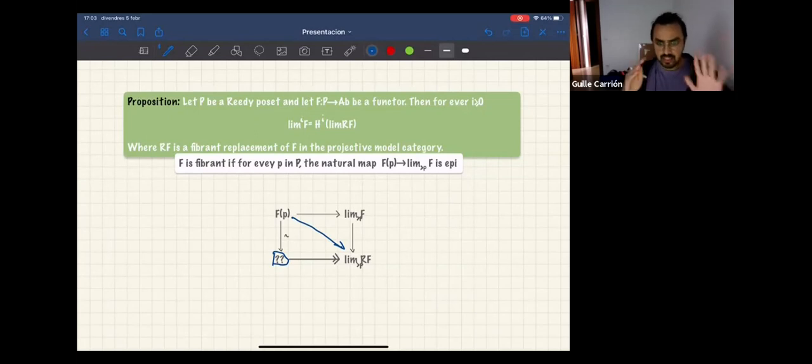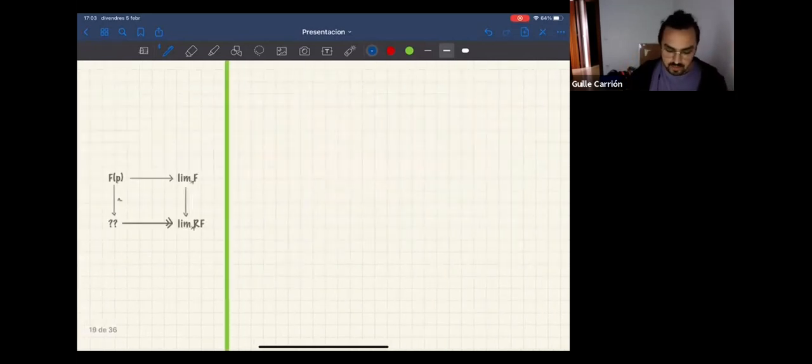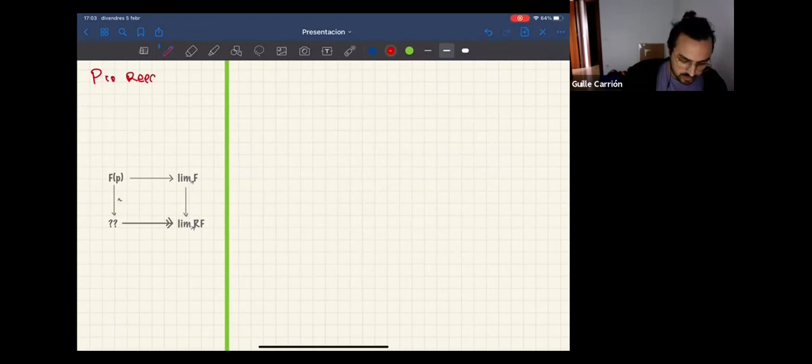I'm going to explain this in more detail, but recall that if P is ready, there is an order reversing map like this, and this is like a filtration.